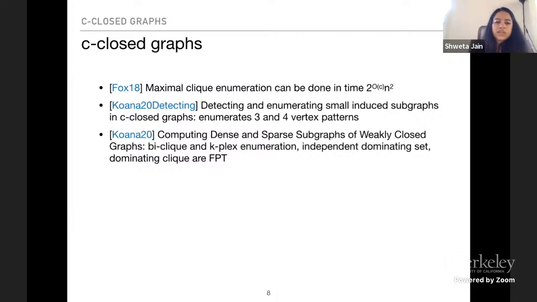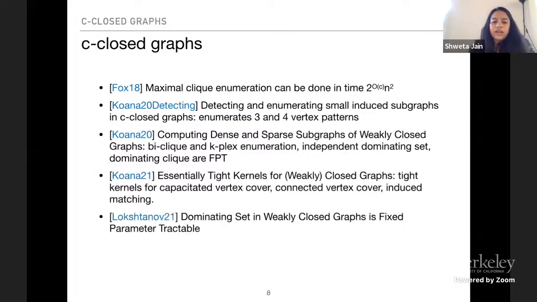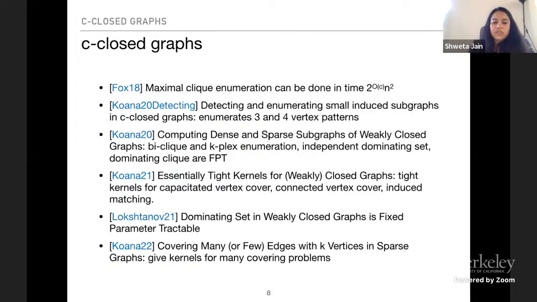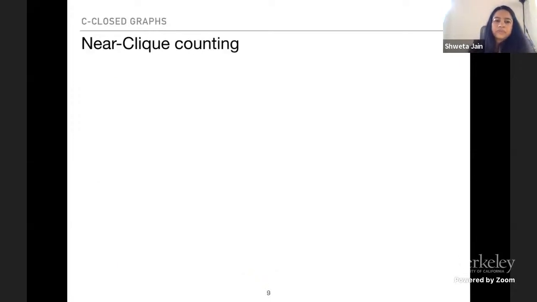One notable work is that of Koana et al. from 2020, on computing dense and sparse subgraphs. This paper also counted k-plexes, which are one of the near-cliques that we looked at. That was concurrent work at that time. And then there have been a number of works showing that a lot of these NP-hard problems are actually fixed-parameter tractable.